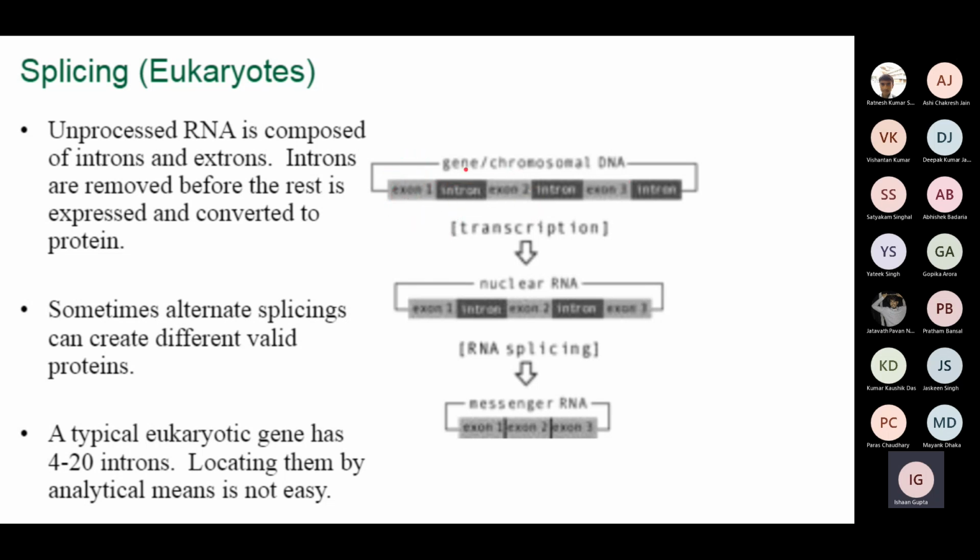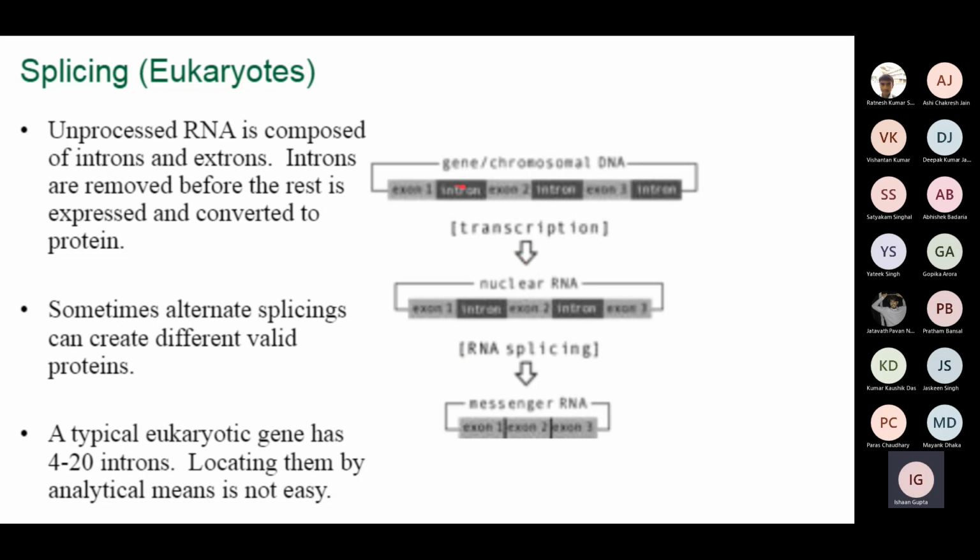Now when the introns are getting chopped up, sometimes, not just by chance, but in a regulated manner, you can also chop up not just the introns but an exon in between. For example, here there are 3 exons in this gene, and when the introns are chopped up, you finally get a protein message with 3 exons put together, exon 1, exon 2, exon 3, which forms your messenger RNA, which would finally get translated.